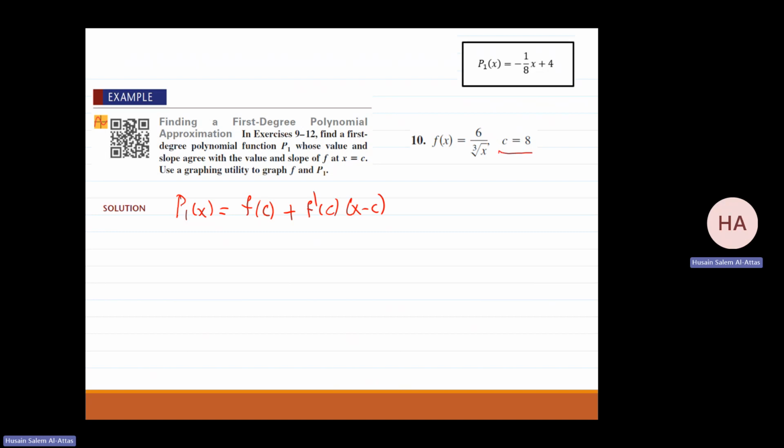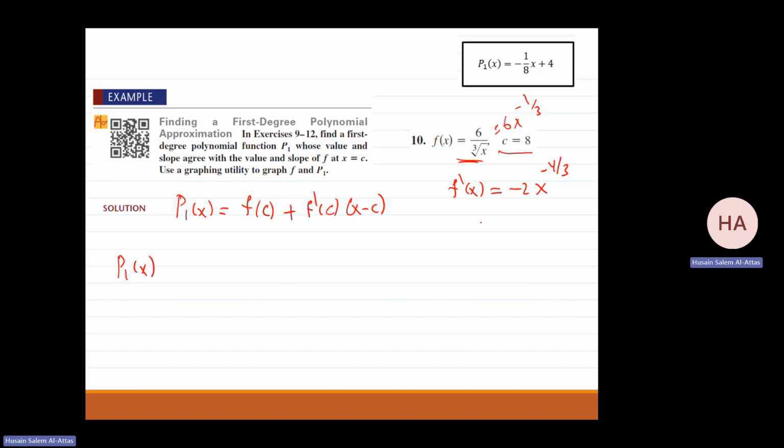So this is c and this is my f. So it will be f prime. This f is 6x to the minus 1 over 3. So f prime will be minus 2x to the minus 4 over 3. Correct? Yeah. So P1 of x.